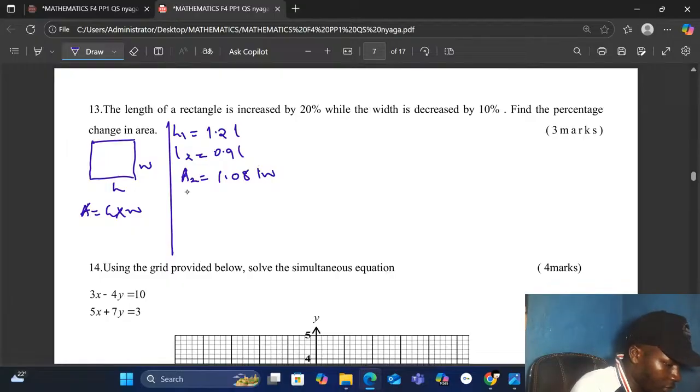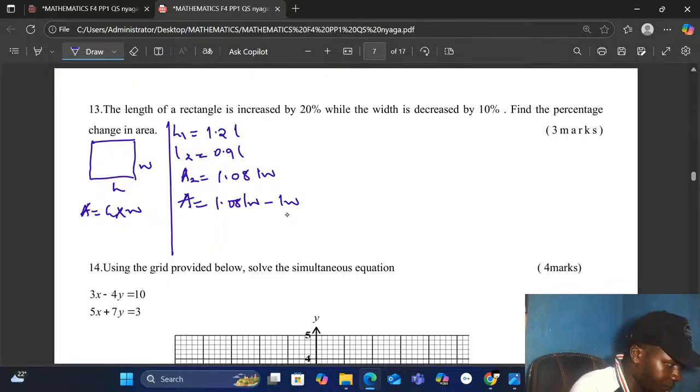Now we shall have the new area. So the change in area will be equal to 1.08 LW, the new area, minus the actual area, which is length times width.